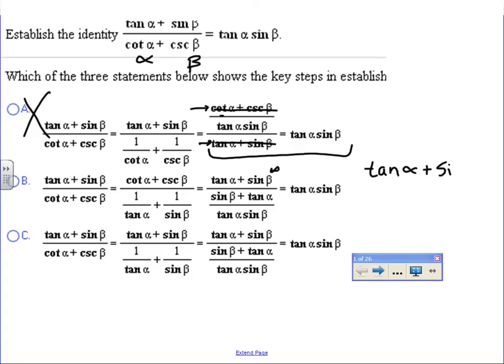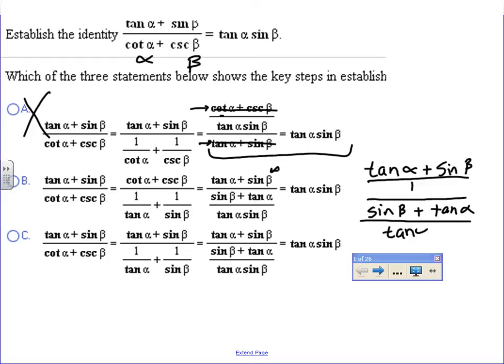plus sine beta over 1 over sine beta plus tangent alpha over tangent alpha sine beta.